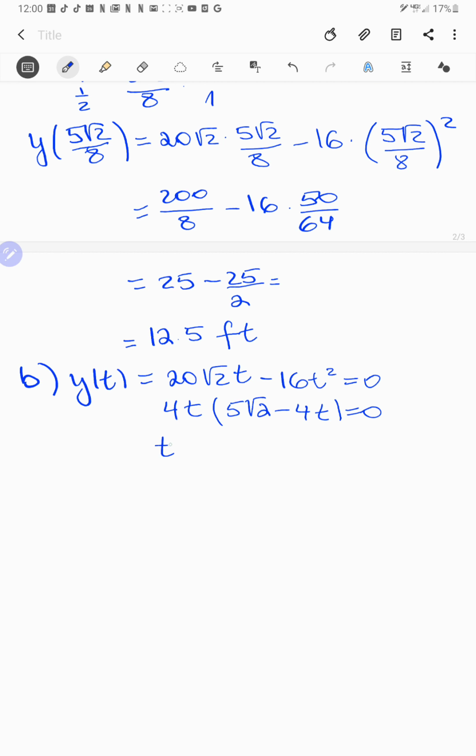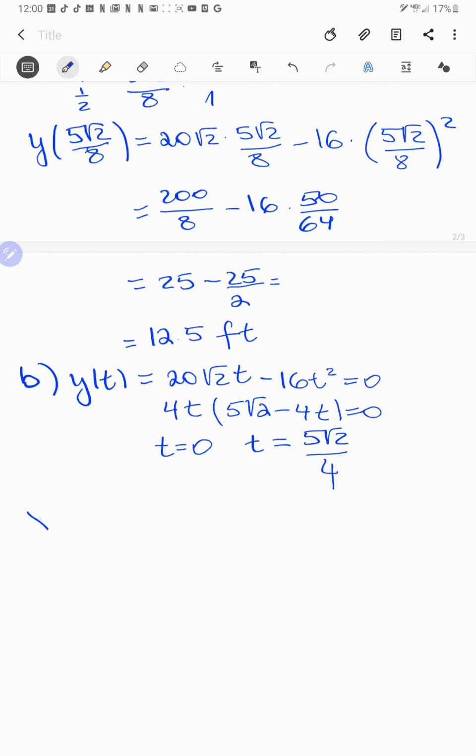That would give us t equal to 0 or t equals 5 square root of 2 over 4. And again, at t equals 0, we are basically at the beginning when we are throwing the ball, so we'll just use the second time. So that means that the ball would hit the ground again at t equal to that number.